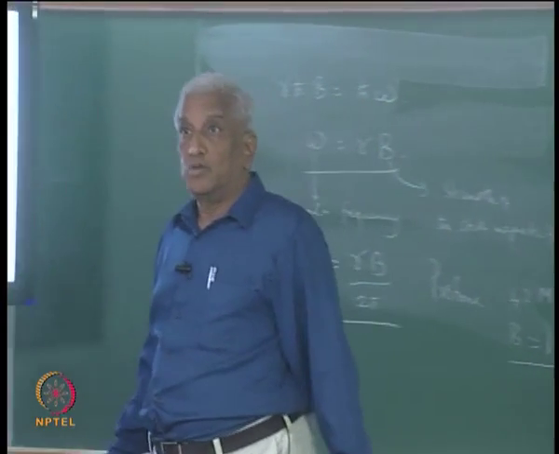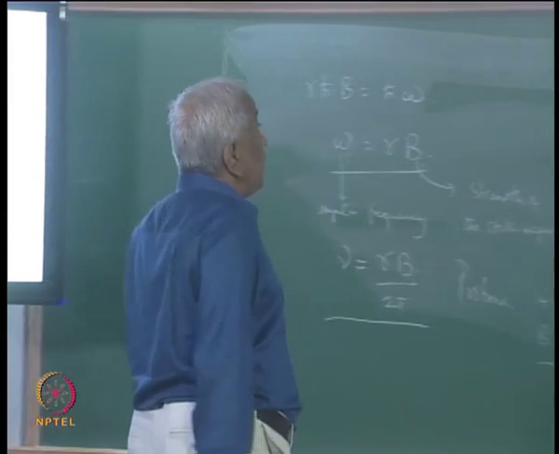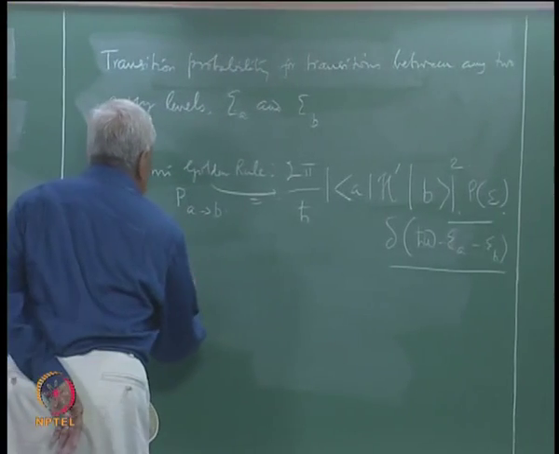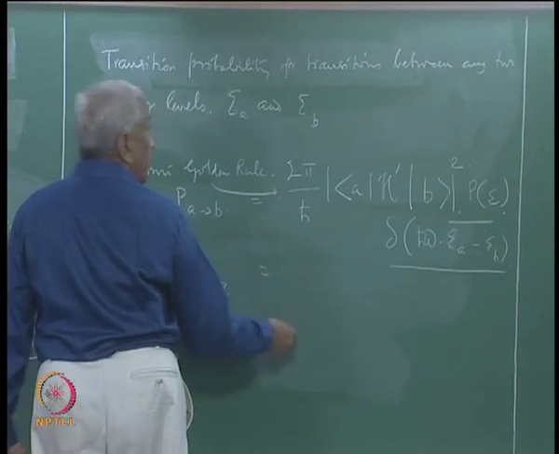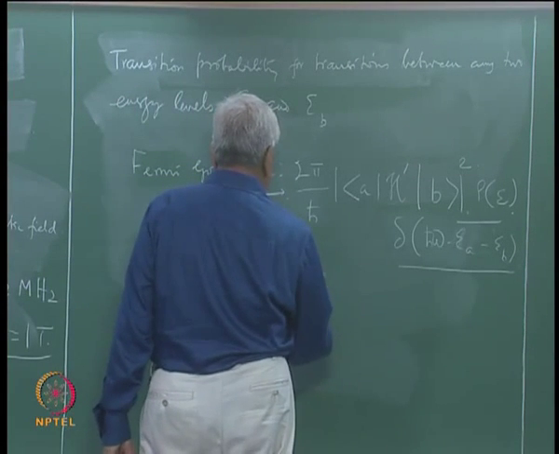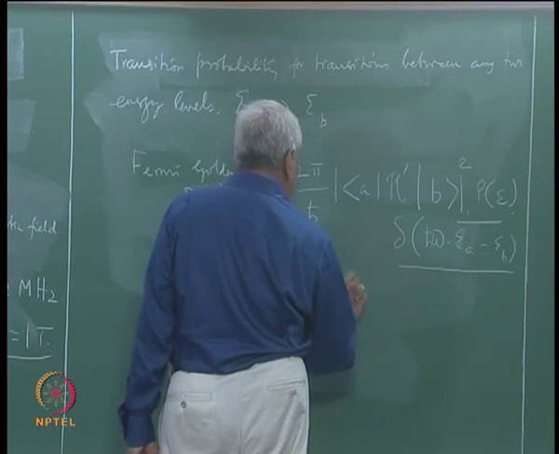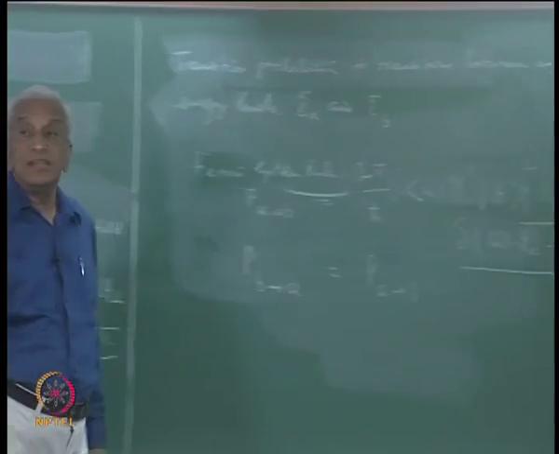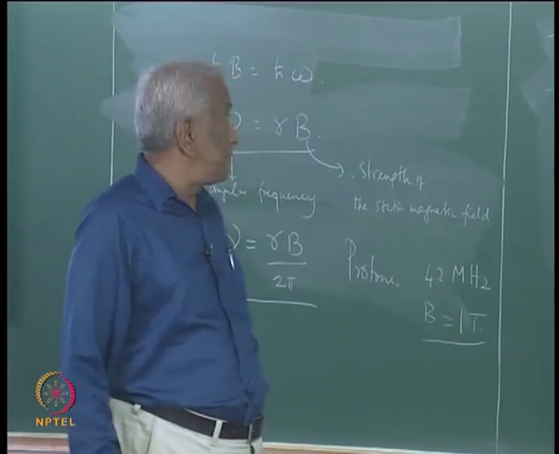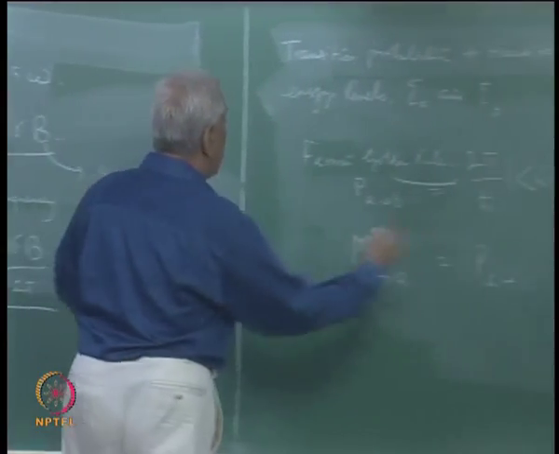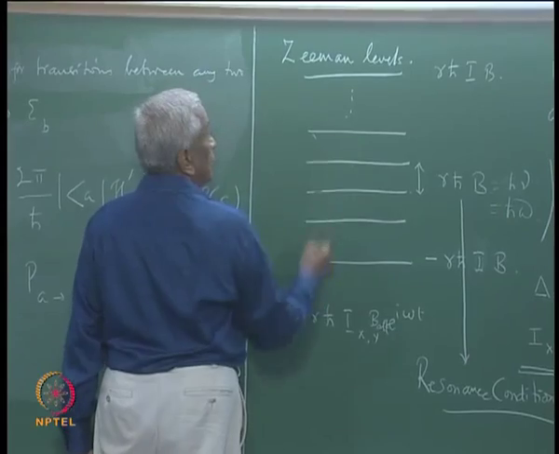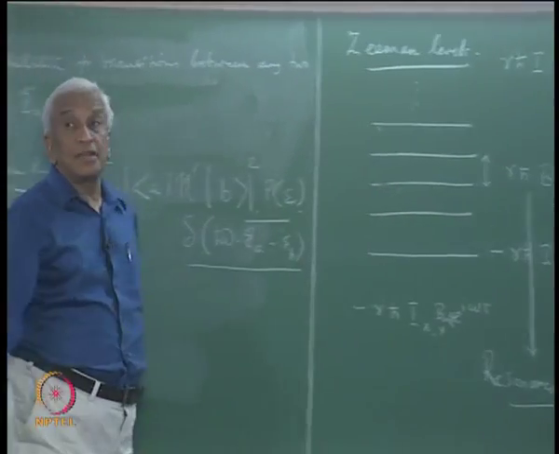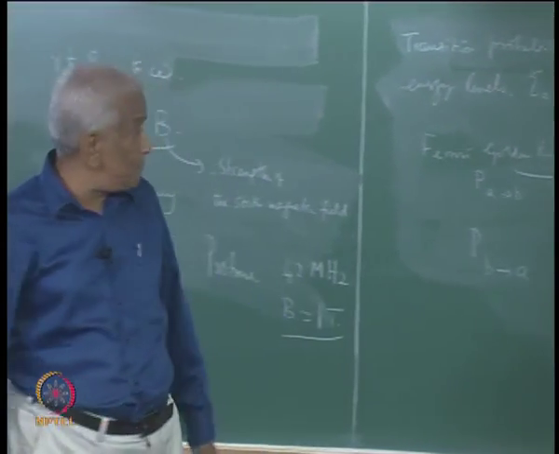Now, if you ask what is the probability of the reverse transition from B to A, that is also of the same form, because this is completely symmetrical between A and B. So, the transition probabilities both ways are the same. For an upward transition or a downward transition, the transition probabilities are the same.